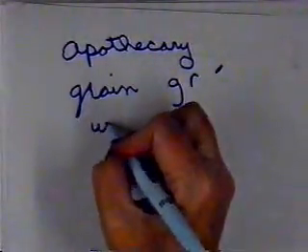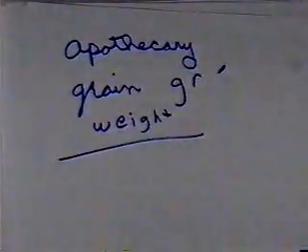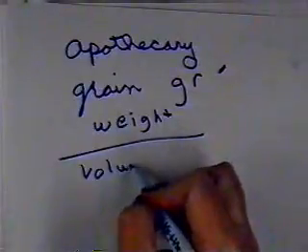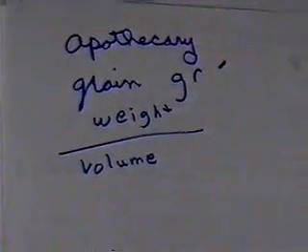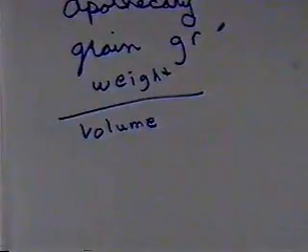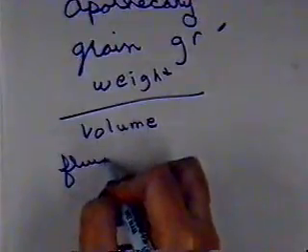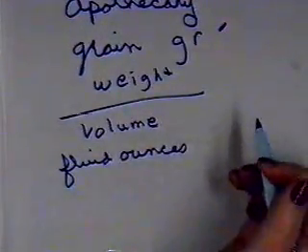This one is used to measure weights. We also have some weights in the apothecary system that are used to measure volumes. For volumes, we have fluid ounces.